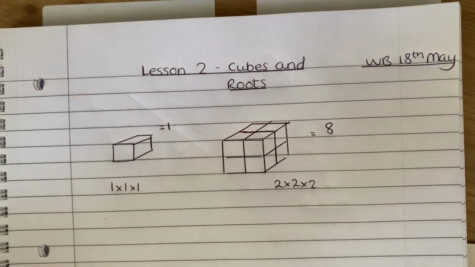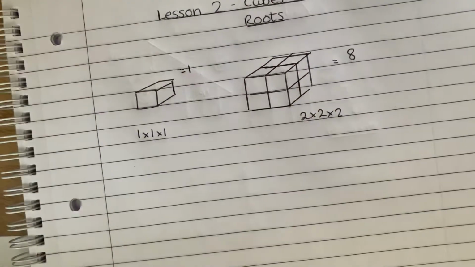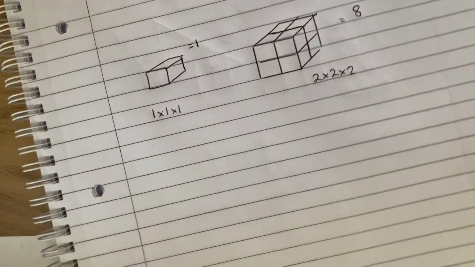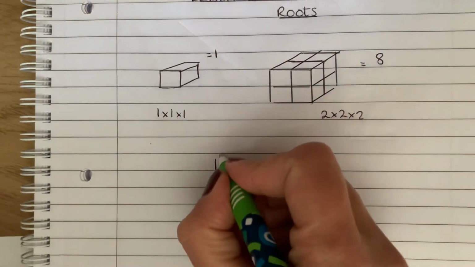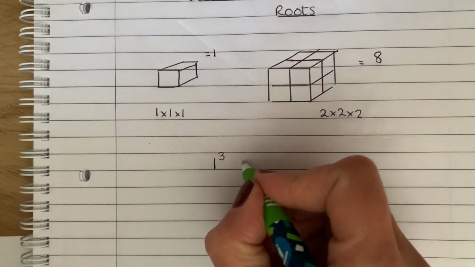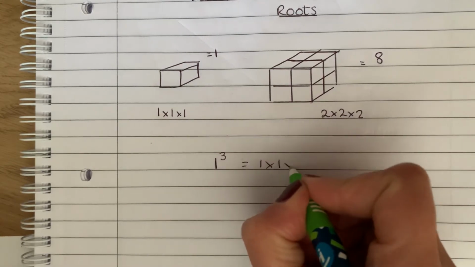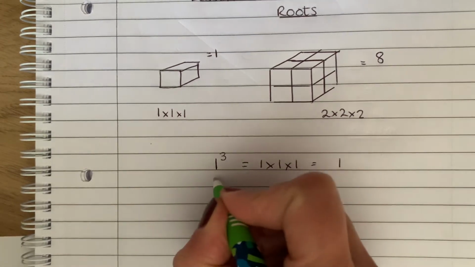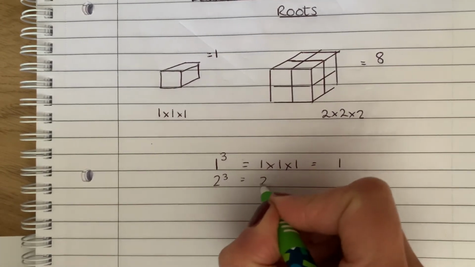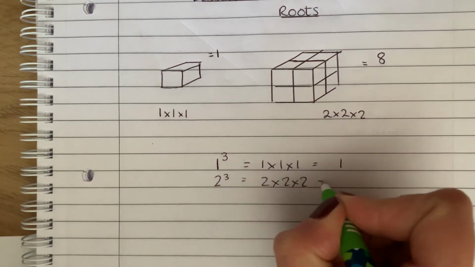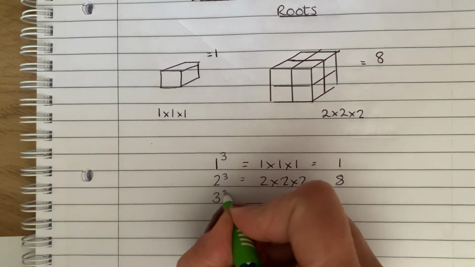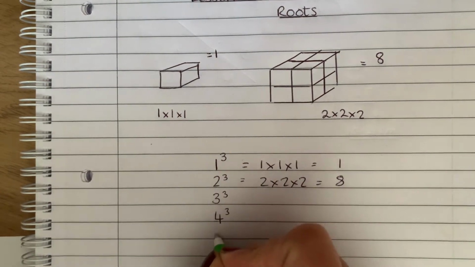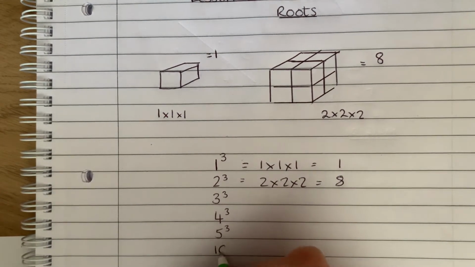Now, you again need to learn off by heart your cube numbers. We write cube numbers down with a little 3 because, like I said, it's 1 times 1 times 1, which is 1. 2 cubed is 2 times 2 times 2, which is 8. So these are the cube numbers, not these ones. 3 cubed, 4 cubed, 5 cubed, and 10 cubed.